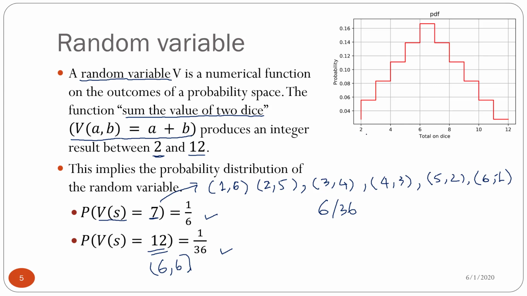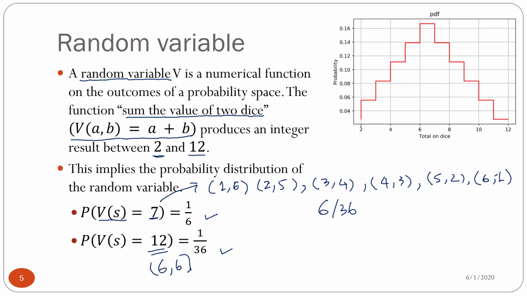These values that you see on the x-axis correspond to the values that your random variable can take. So from here, your random variable v can take values from 2 to 12. Now what are we showing on the y-axis? On the y-axis, we are showing the probability of the random variable taking a particular value.